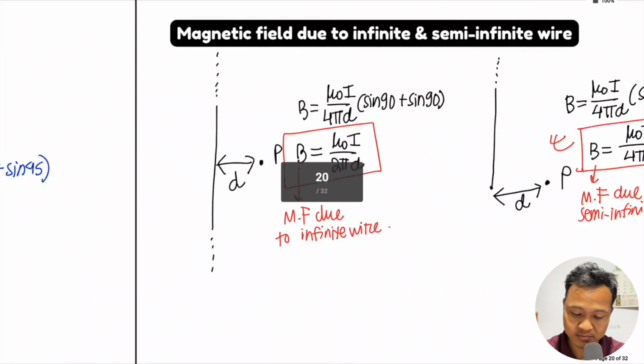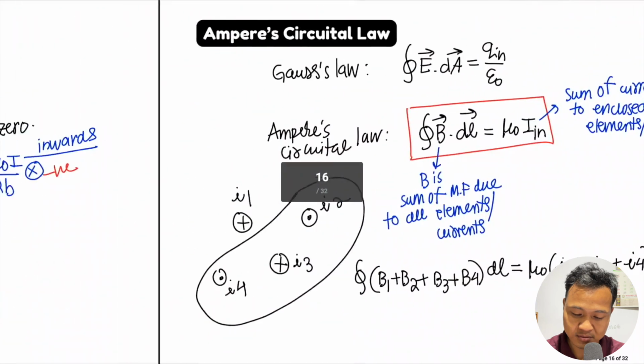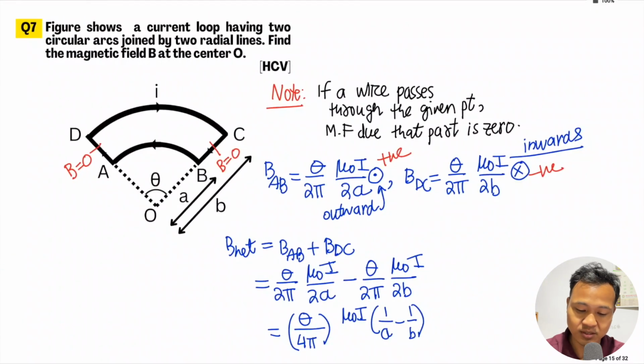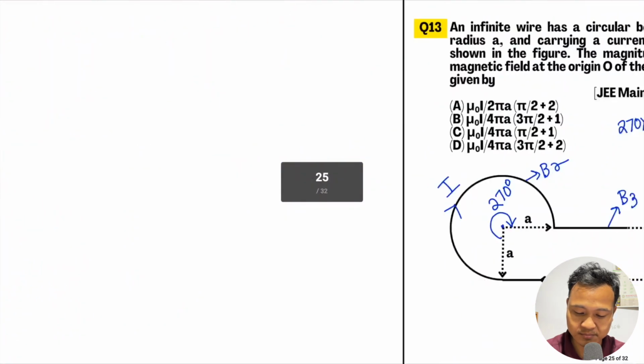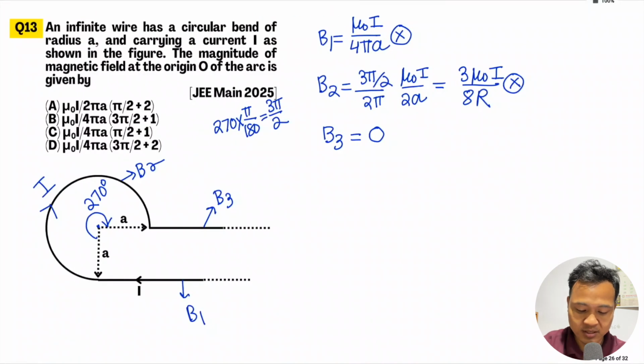If you remember, if a wire passes through the given point, then the magnetic field due to that part of the wire will be 0. So here it passes through the given point, so magnetic field due to that is 0.